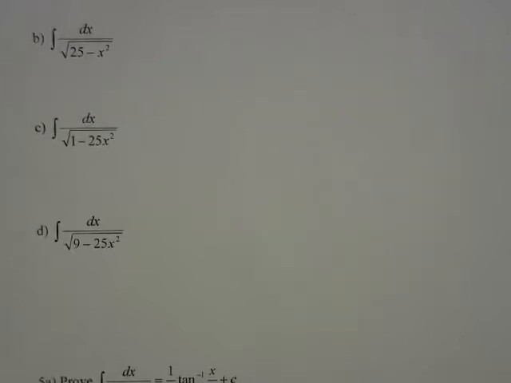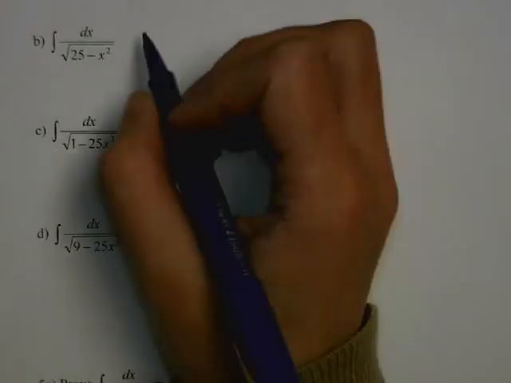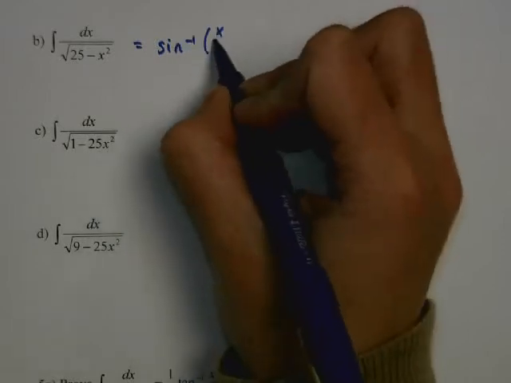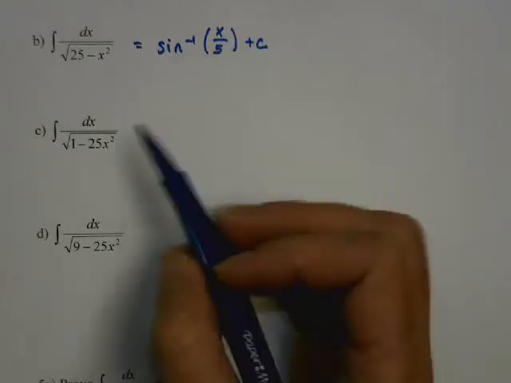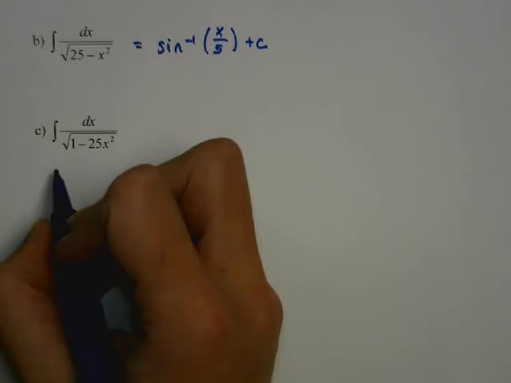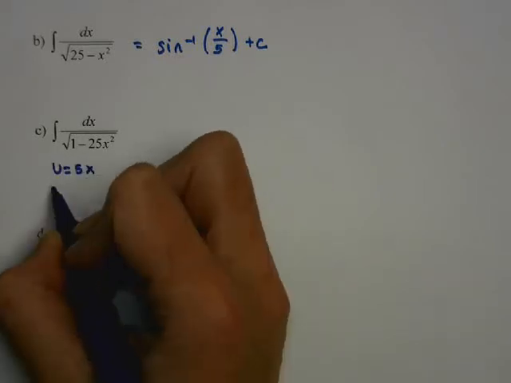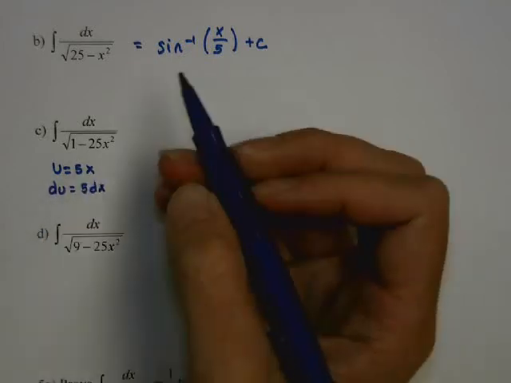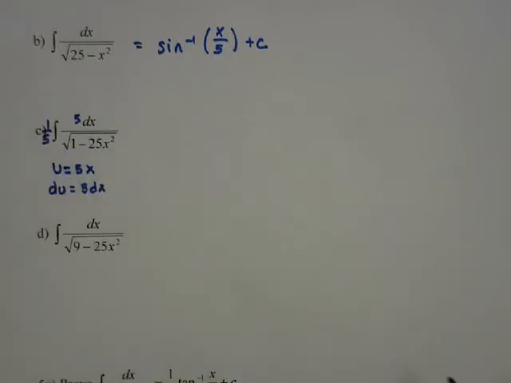All right, so this first one is just applying the rule. I've got a squared minus x squared, my a being 5. So this is just going to be the sine inverse of x over 5. Here, I don't have an x squared. So I'm going to let u equal 5x, which means du is 5 dx. So I'm going to put a 5 in here, undo it with a 1/5.